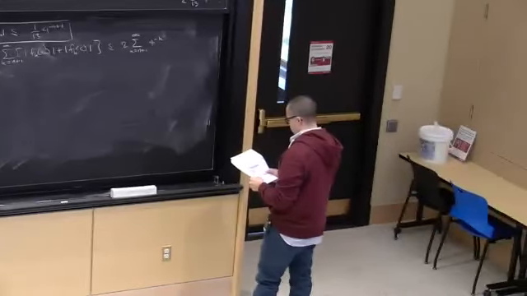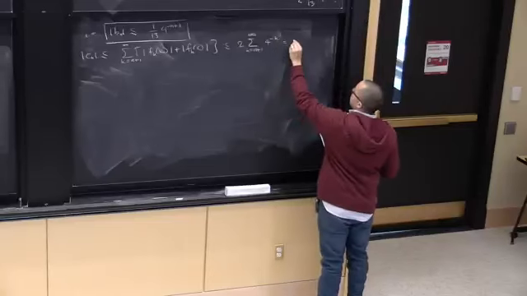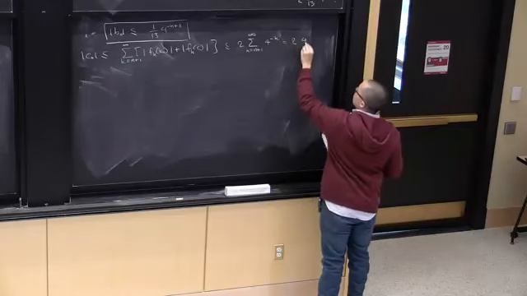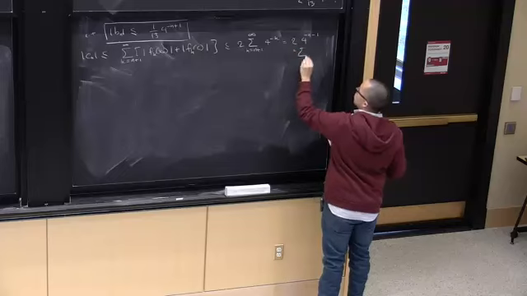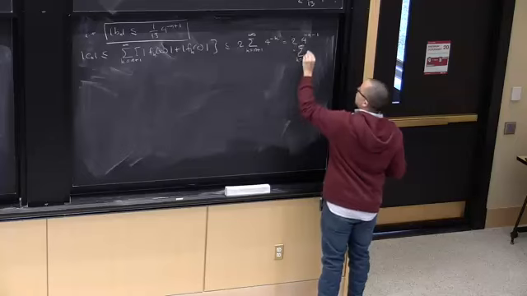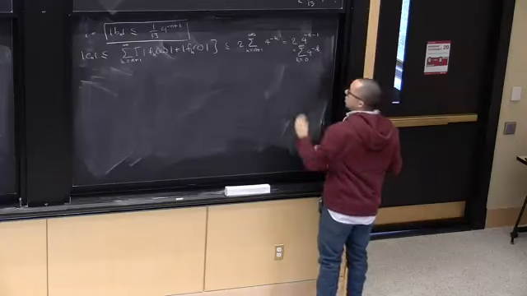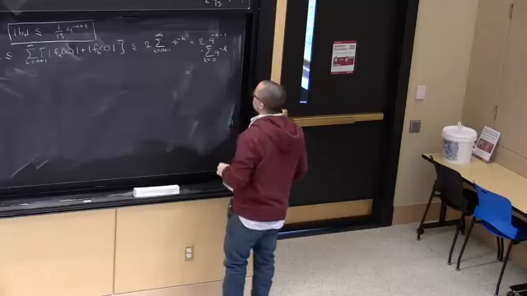Okay. And now this we can actually sum. This is equal to 4 to the minus n minus 1 times the sum from L equals 0 to infinity of 4 to the minus L. And what does this equal?